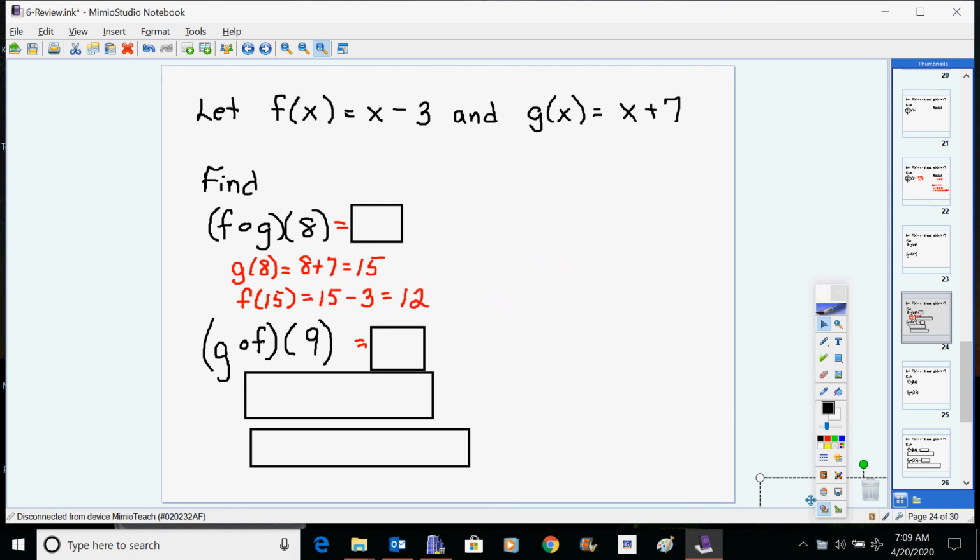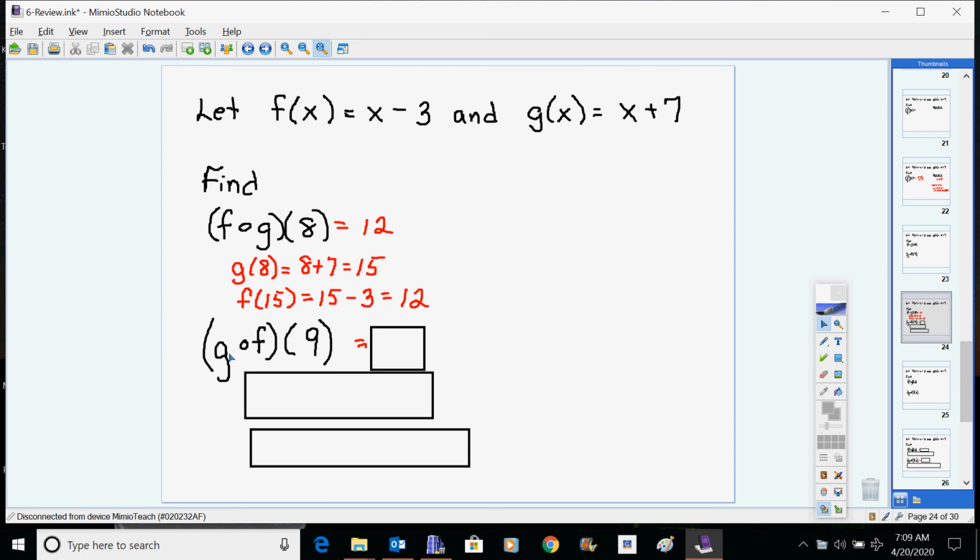So your final answer is 12 after you have applied both functions, whatever they are, whether they have squares, whether they have whatever, you apply the one that's closest to the number first, and then apply the one that's furthest from the number after you have found that subnumber.